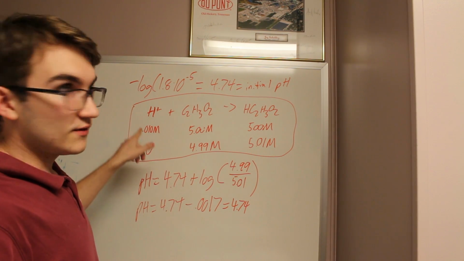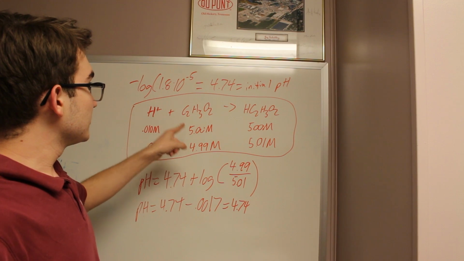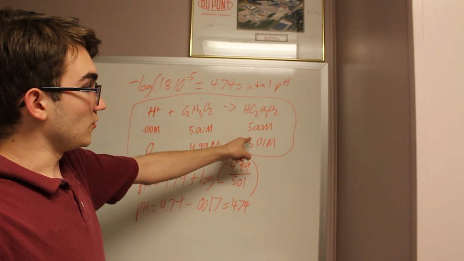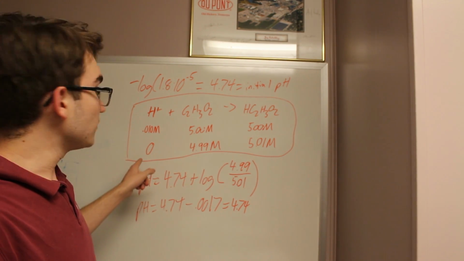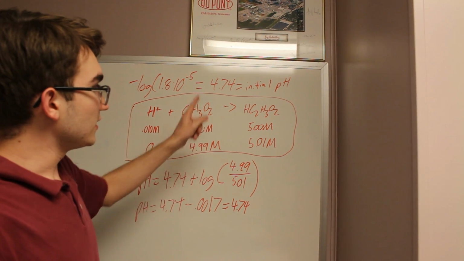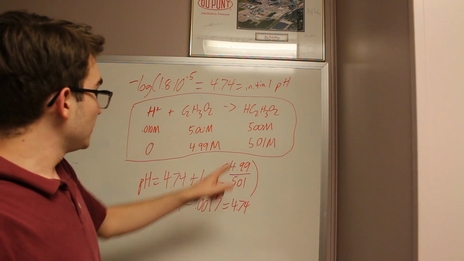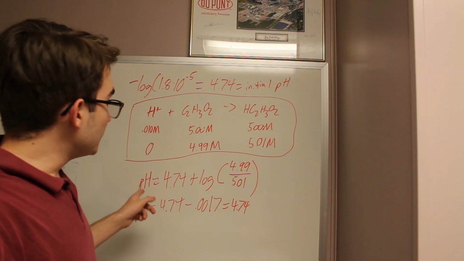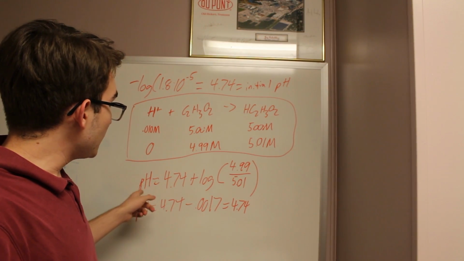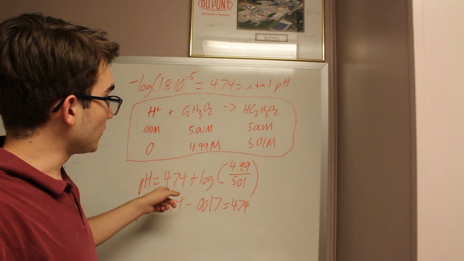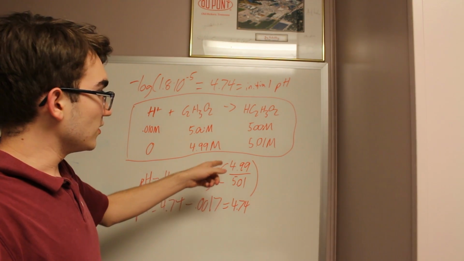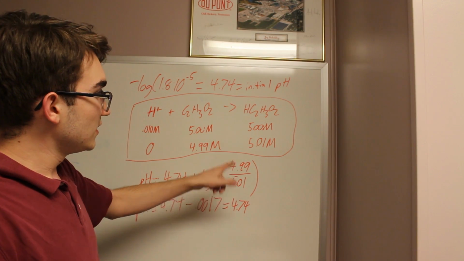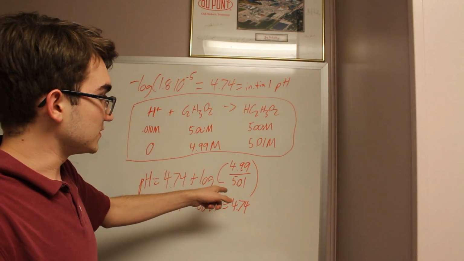Then we've got minus X, 5.0 minus X, and 5.0 plus X. So we get our final values of 0, 4.99, and 5.01 molar. Then using the Henderson-Hasselbalch equation, we can determine the pH, saying that pH equals the pKa, 4.74, plus the log of the base over the acid, the final concentrations, which is 4.99 over 5.01.